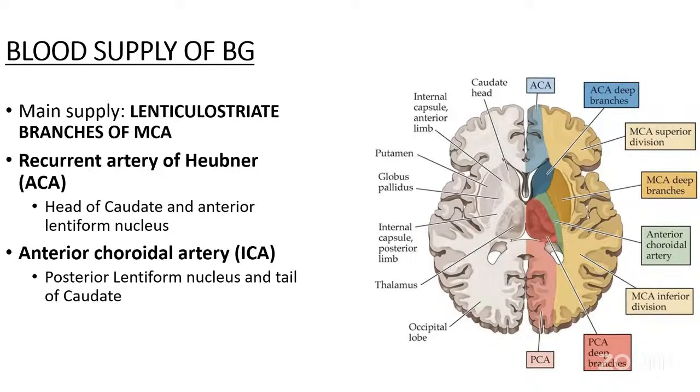So in history, we have to ask about symptoms of slowness or tightness of the body. Basically, we have these symptoms: tremors, rigidity, bradykinesia or akinesia, postural instability, freezing, and a flexed posture.